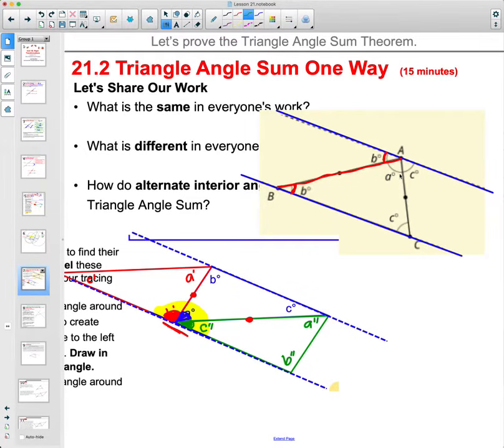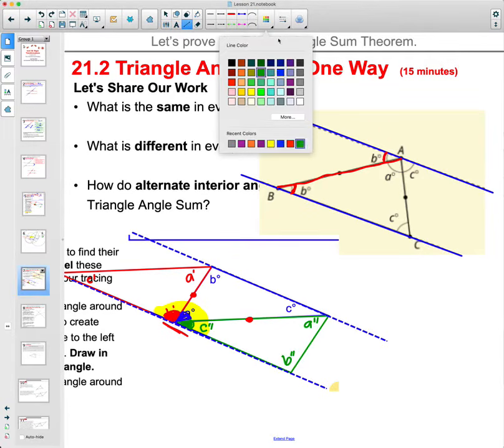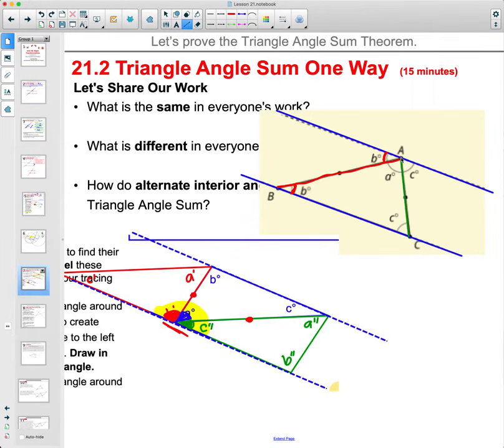And then we also see an alternate interior angle here to here. Let me get a straight line instead. Okay, so we've got this side, and then you've got this angle and this angle being alternate interior angles. So these alternate interior angles will rotate up every time.